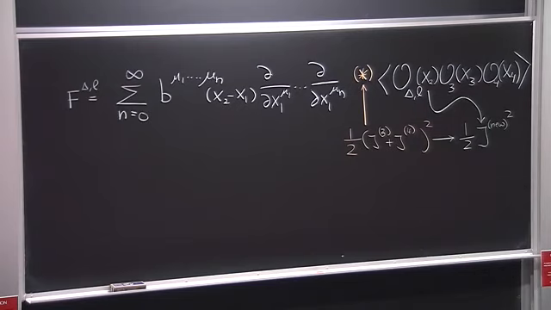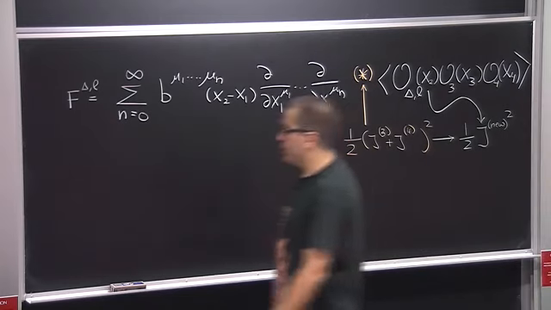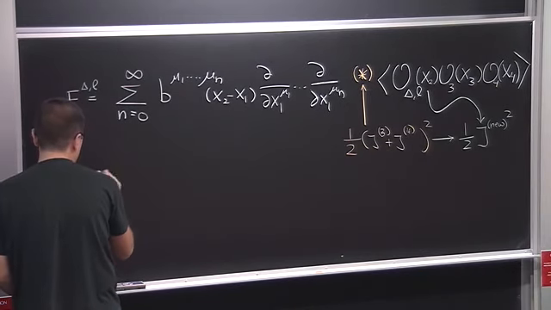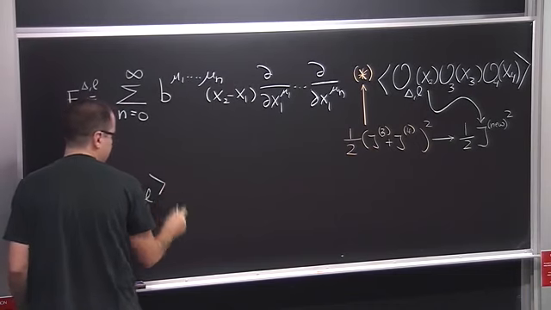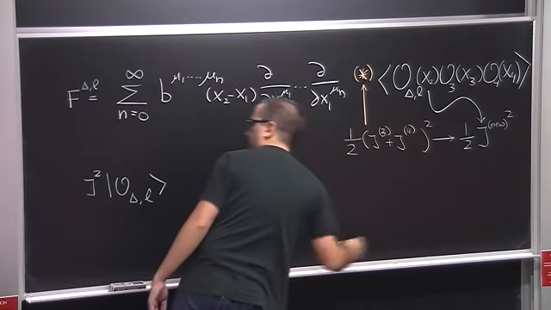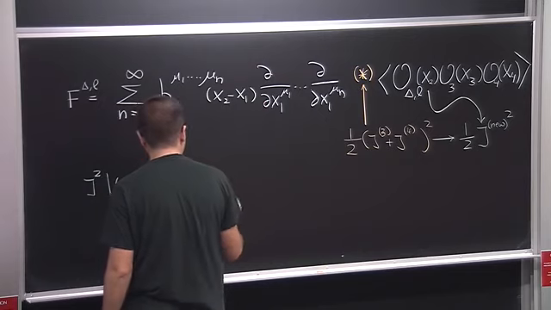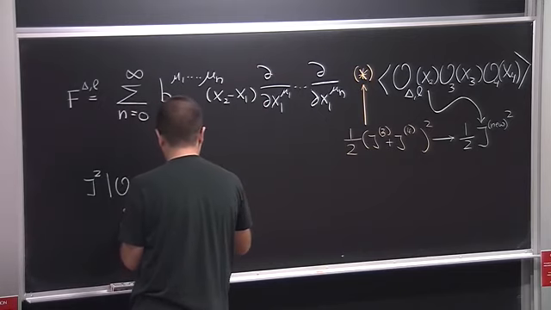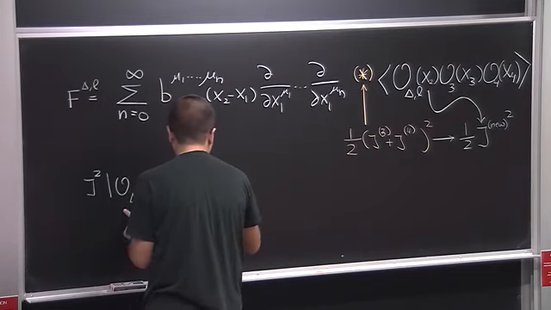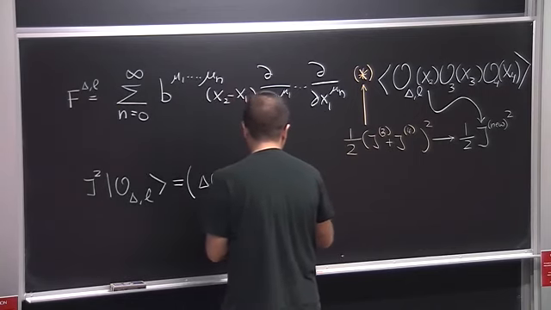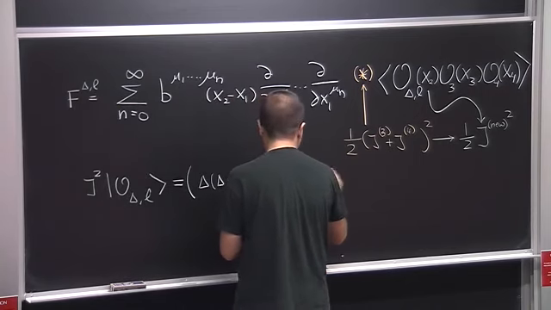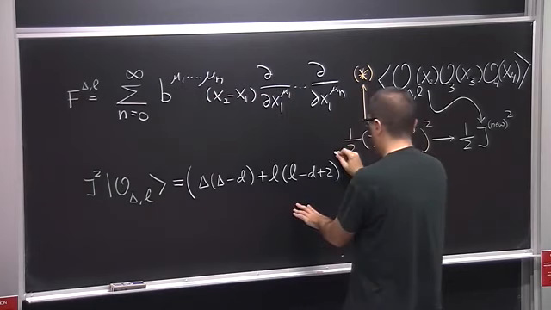Do you agree? And then the Casimir acting on some operator with some given dimension and some spin just gives a number that depends on the representation, which is something like delta times delta minus d plus L times L plus d minus 2, something like this, right?